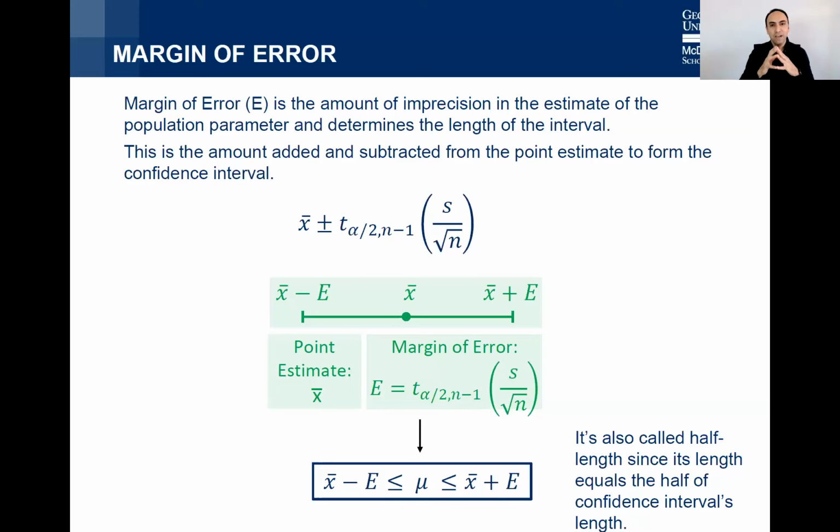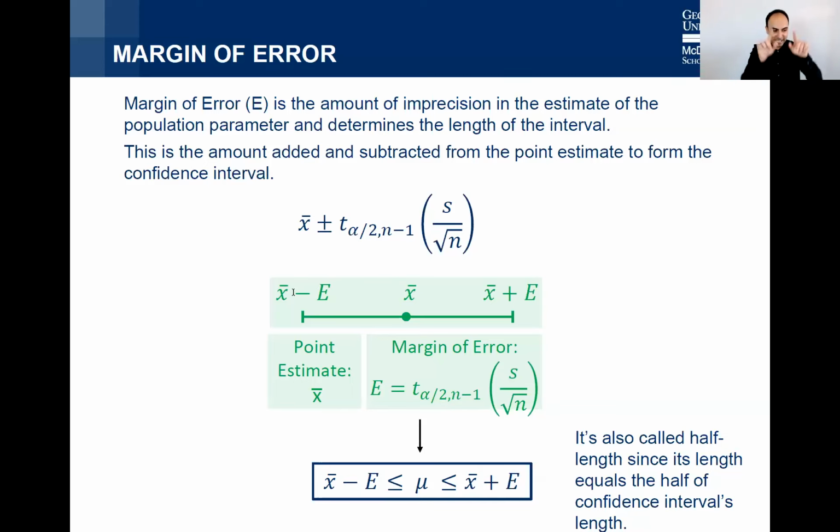Indeed, margin of error is the total amount added and subtracted from that point estimate. So this whole thing here, which we added and subtracted, has a name, and that's called margin of error. If this was our sample statistic, we add and subtract margin of error from it to form those bounds.